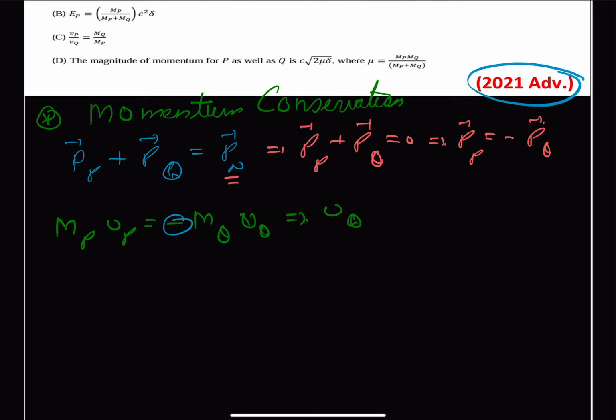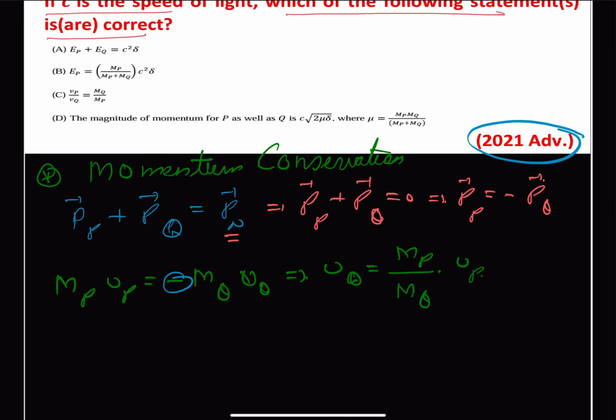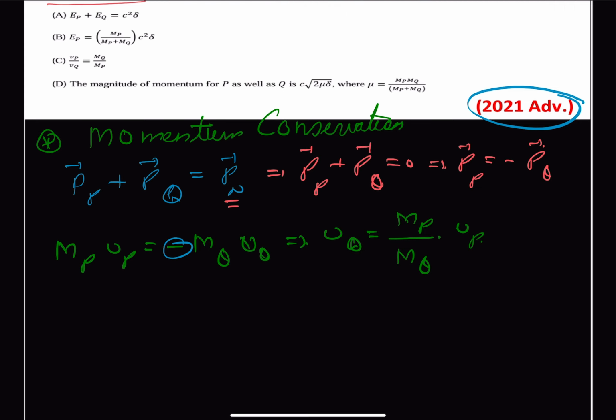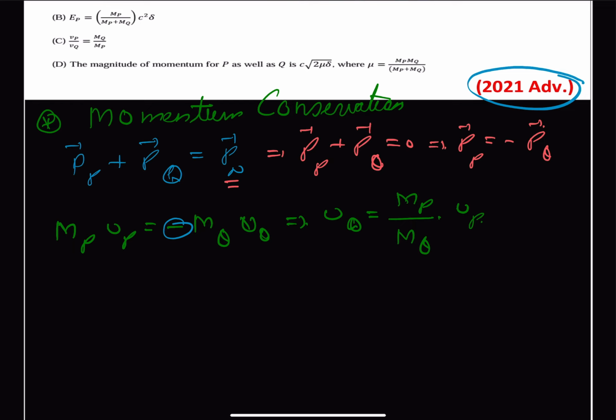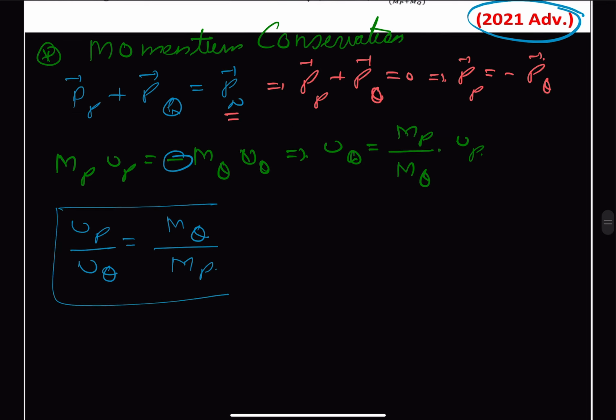We can say velocity of Q is equal to mass of P divided by mass of Q multiplied by velocity of P. So we can check option C. Solution is given as velocity of P upon velocity of Q will be equal to mass of Q divided by mass of P. So option C is correct.